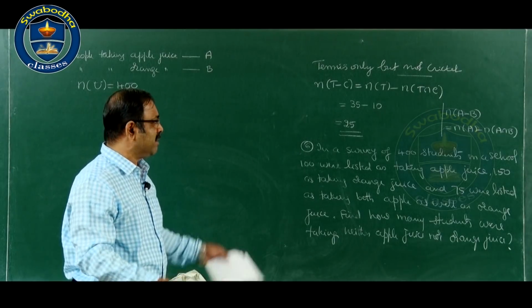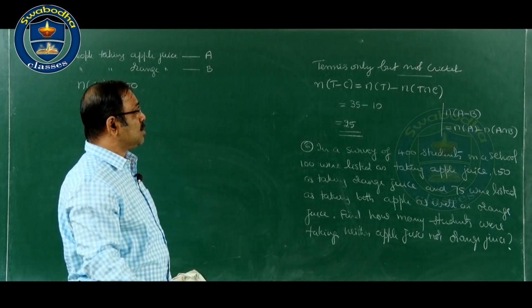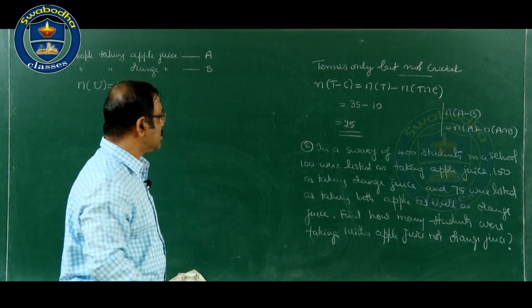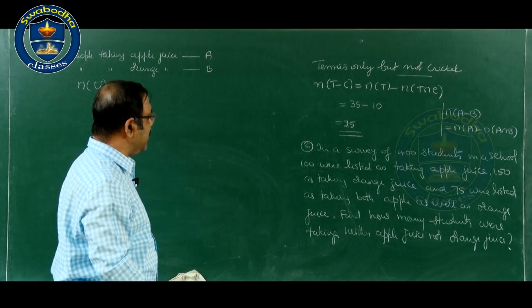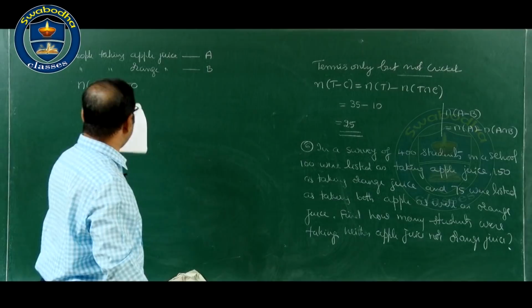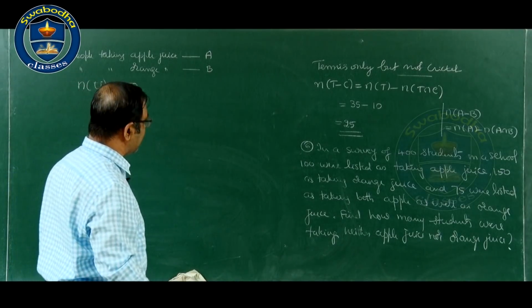So it is the total students of the school, N of U equal to 400.